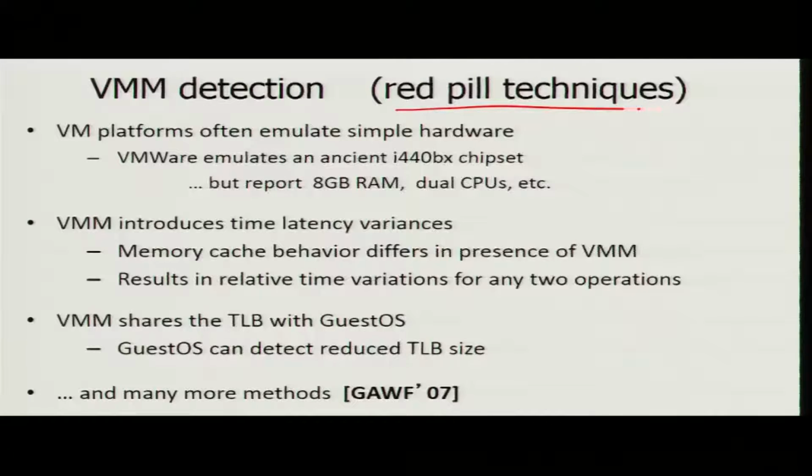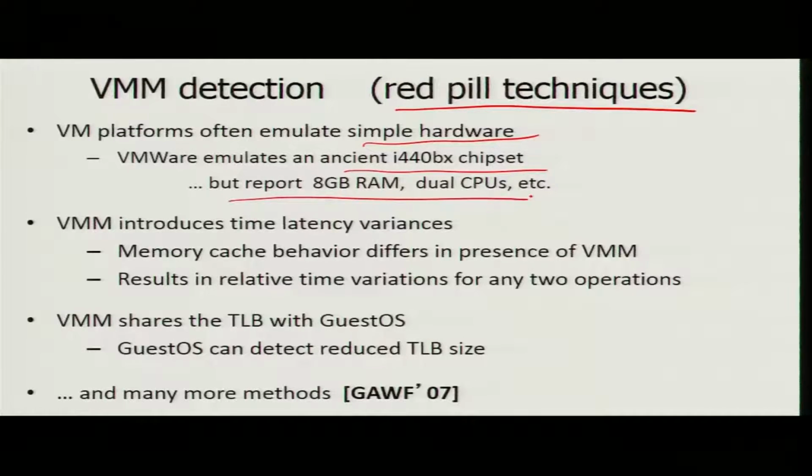Now, the red pill techniques, the techniques that are used to detect that the system you are trying to run on is a virtual machine, are based on the fact that these virtual machine hypervisors often emulate simple hardware. As I said, the virtual machine monitor or hypervisor runs on the host operating system and gives access to the drivers and the hardware, but sometimes it emulates some of the hardware components, and usually they do it on some simple hardware that normally nobody is using today.